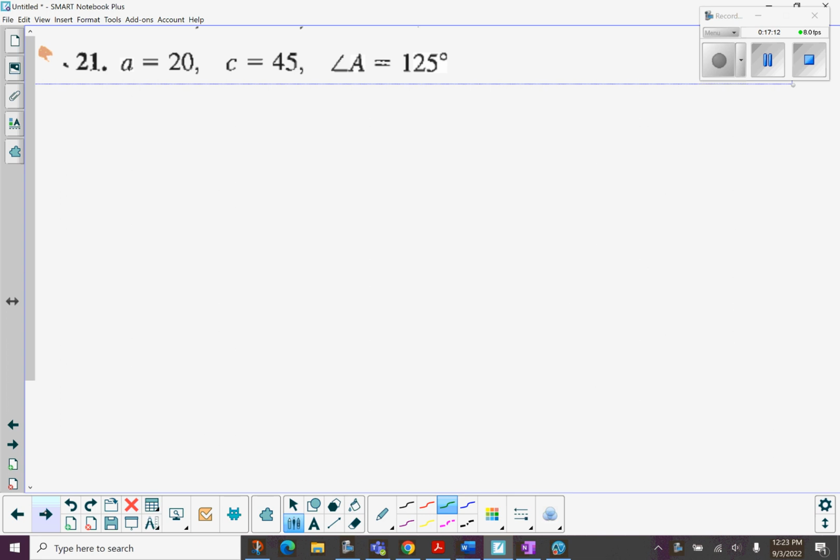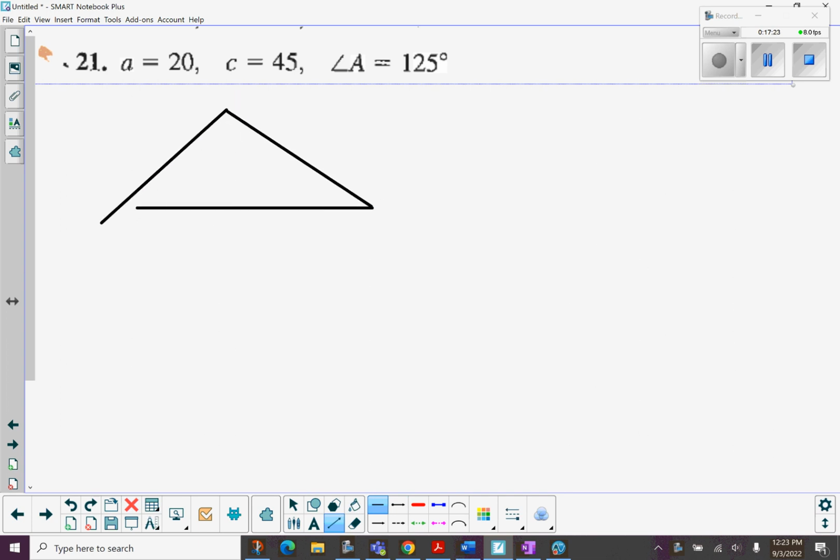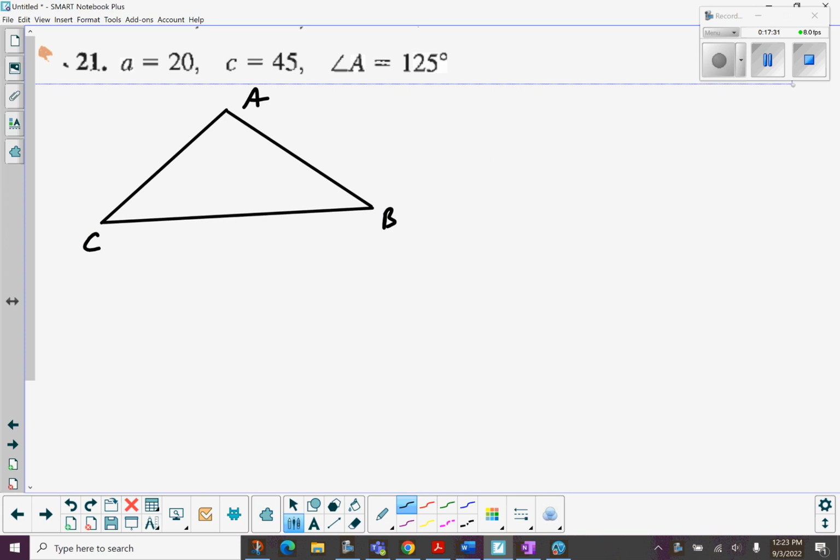For 21. Again, angle A is obtuse, so I'm going to try and incorporate that into my picture here. So here's A, B, C. This angle is 125.